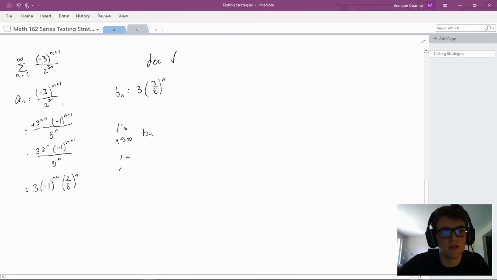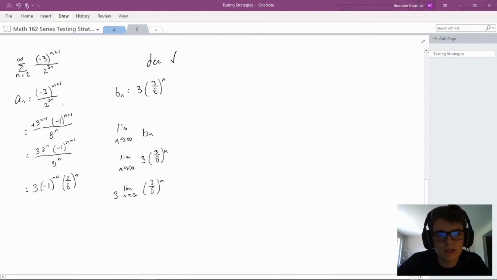So it's going to be the limit as n approaches infinity of 3 times (3/8)^n. Okay, so with our limit rules, I'm going to pull this 3 out. So it's going to be 3 times the limit as n approaches infinity of just (3/8)^n. Okay, and so let's see what can we do here.